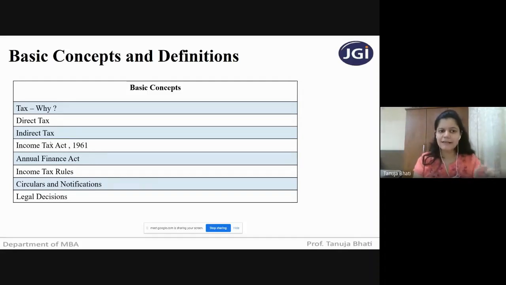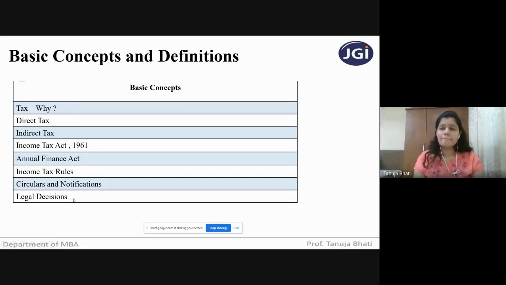The notification issued by the central government will give effect to that particular provision. It will state that minors are not liable to pay tax from 1st August 2020. So notifications are issued by the central government just to give effect to the provision mentioned in the act.